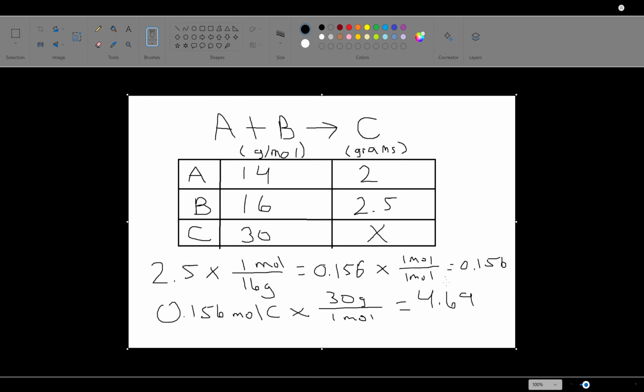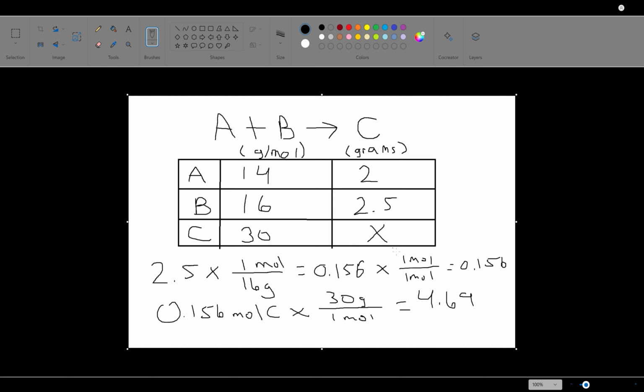And this is a greater number than the A, so that means A is our limiting reactant since it was producing less amount for C. So that would make A our limiting reactant. So that means that's what we have to use as our theoretical yield.